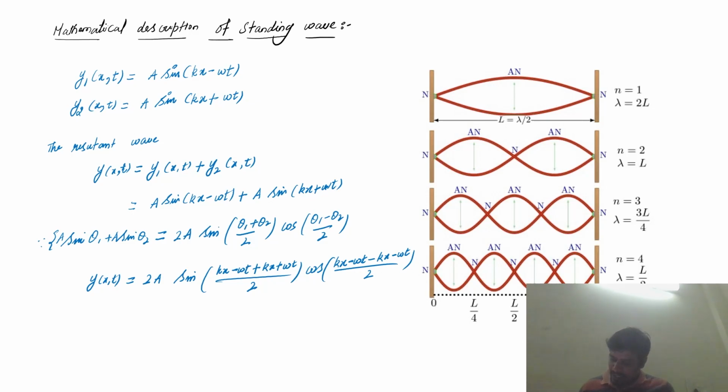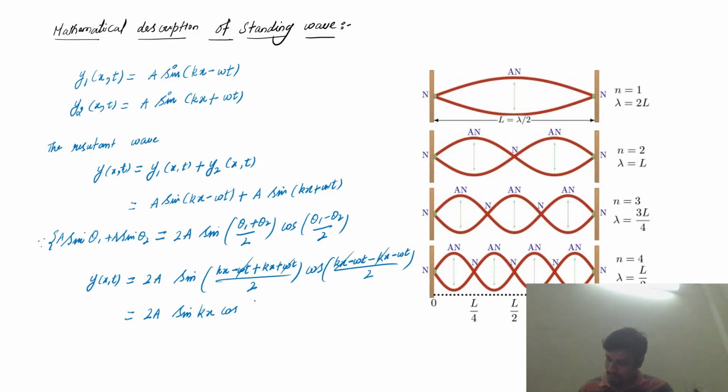So using this identity, we can rewrite the resultant wave like this. 2a sin of, we can cancel the omega t minus omega t, so 2kx, and you can cancel the 2 also. So sin kx. Then the cos, we can cancel the kx minus kx.